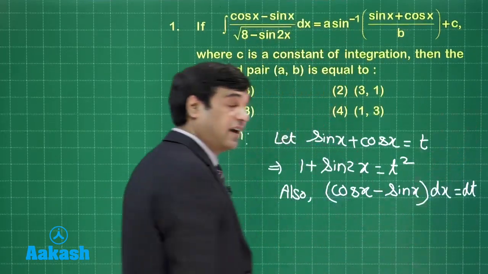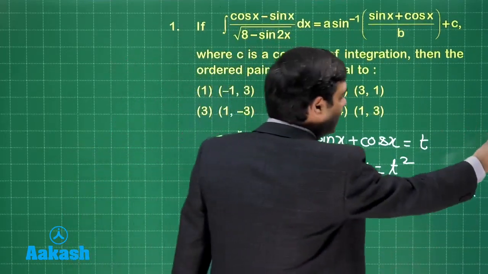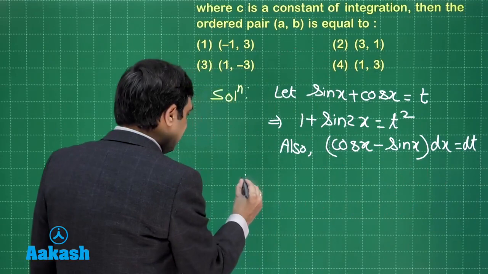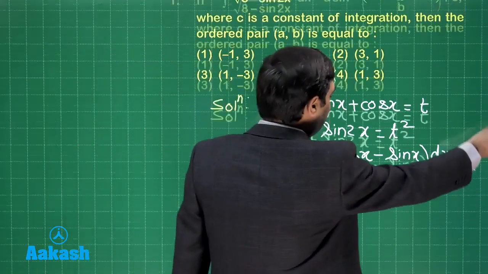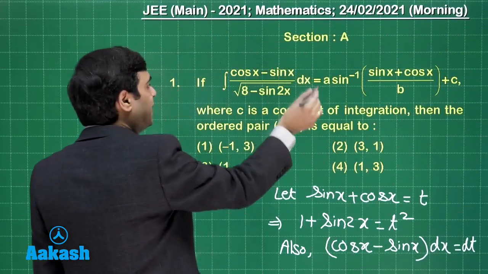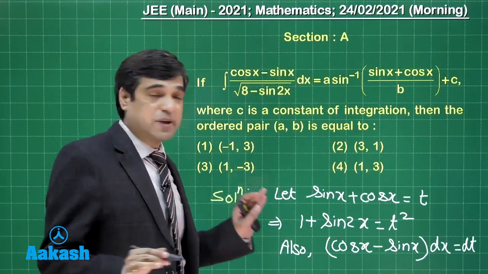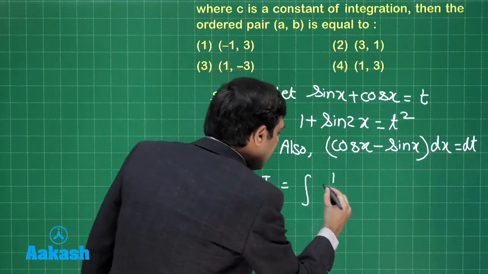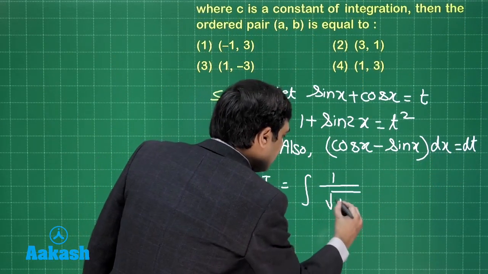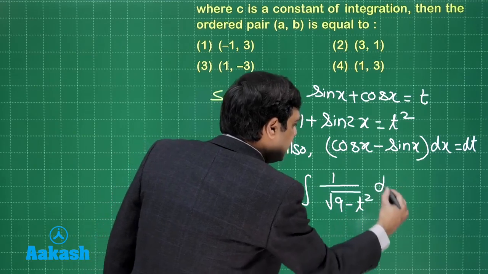I'm sure this is clear. Now let's write down the integral after this substitution. Let's say this is I, the integral. The numerator (cos x minus sin x) into dx becomes simply dt. So we get integral 1 upon square root of 9 minus t square dt.